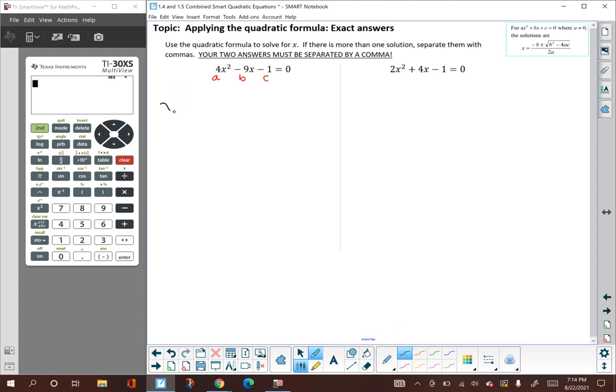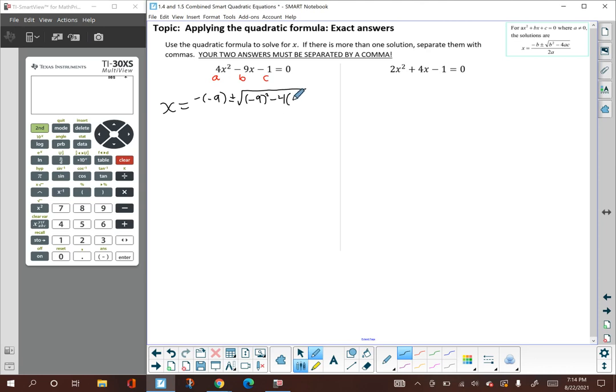So x equals the opposite of b. Well, that would be a negative 9. So that's going to end up being a positive 9. Plus or minus, and if we're going to square that negative 9, we need to make sure that we get it in parentheses.